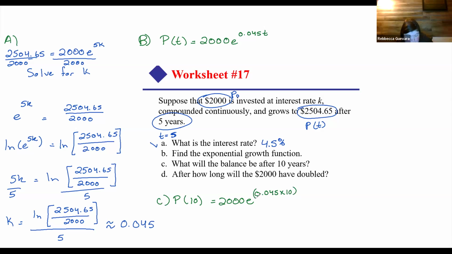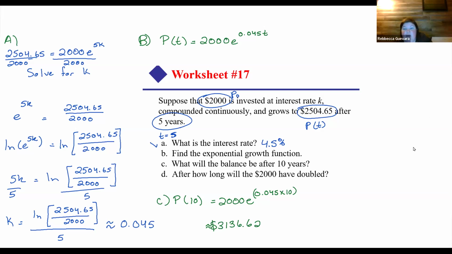So let me get that quickly. 0.045 times 10. So P of t is going to be approximately $3,136.62. So after 10 years, if we put that $2,000 in the account, we should be seeing about $3,136.62.